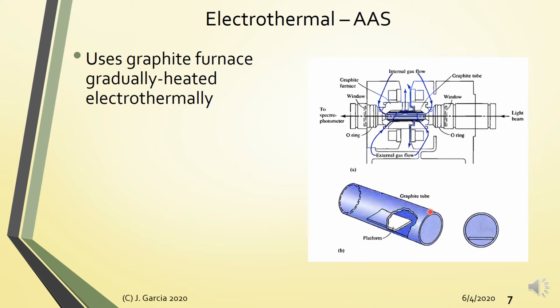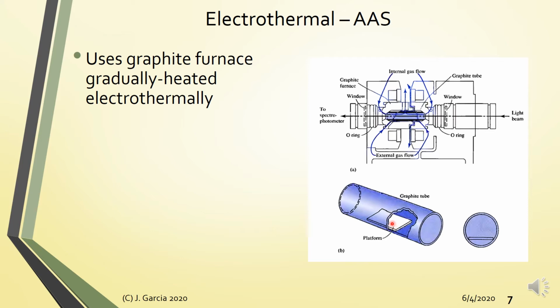So by using some electronics, you can electrically heat up your graphite furnace, and your sample is placed inside the furnace. The increase in the temperature of the graphite furnace causes the atomization of your analyte.